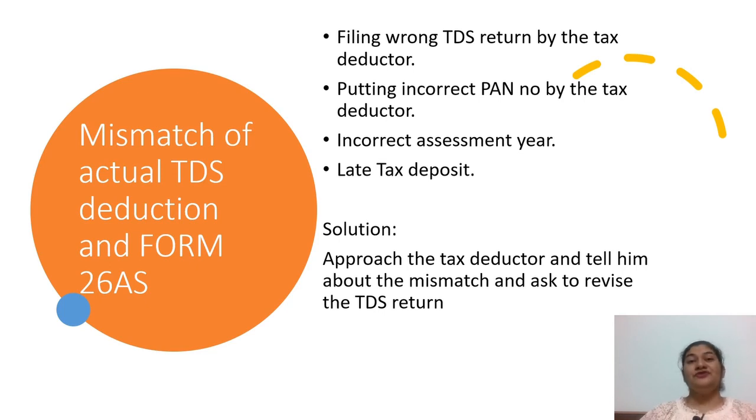Only those amounts reflecting in 26AS will be considered as tax deductions for your PAN. So it's your duty that if there is any mismatch, you get it corrected before you file the income tax return, so that the data is corrected and you file a correct return.